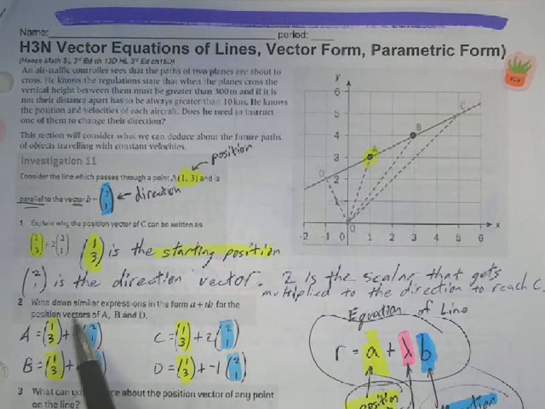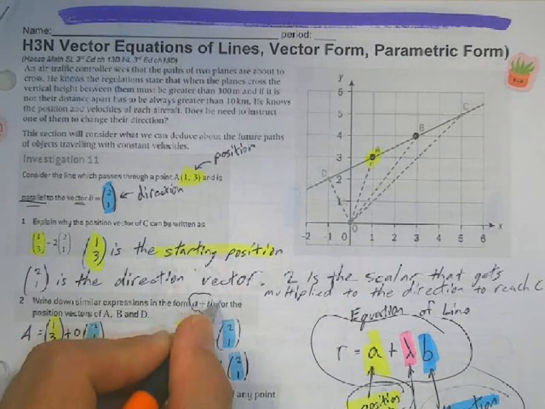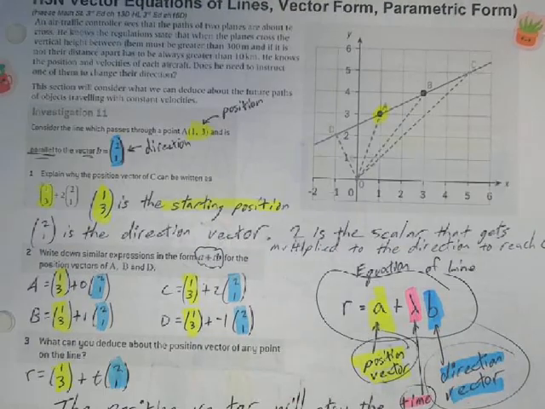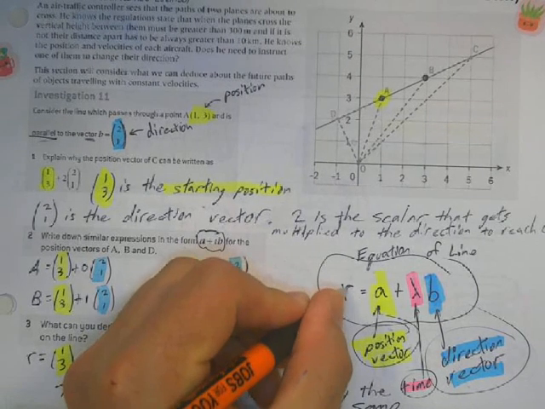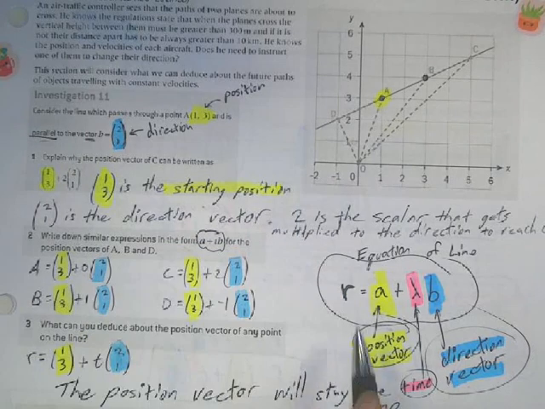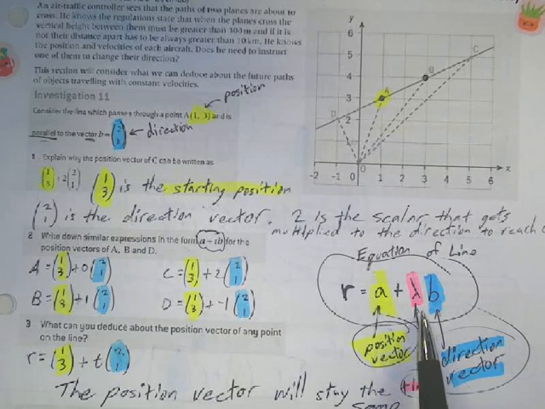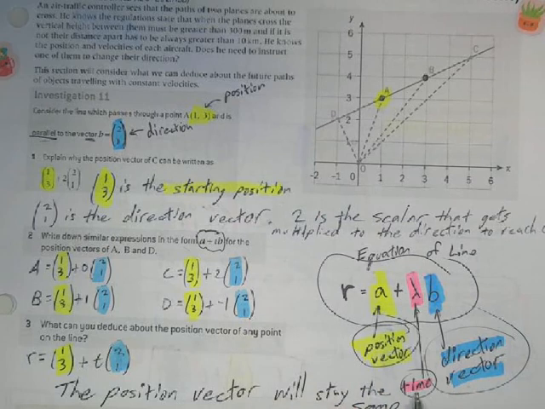Write down similar expressions in the form a plus tb. So we're going to be writing it like this much of the time. So r, which is our equation of the line for our vector, equals a plus, in our assignments today, a lowercase t. In some of the IB test questions, they might have this lambda, and sometimes I've seen the letter mu, but it's some symbol here that represents time.